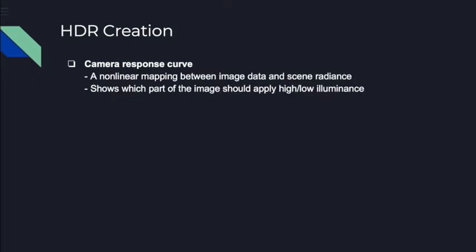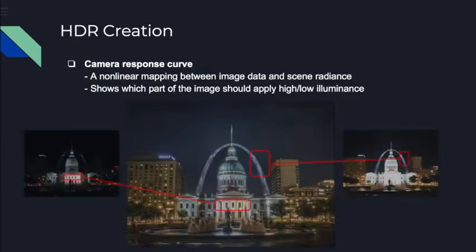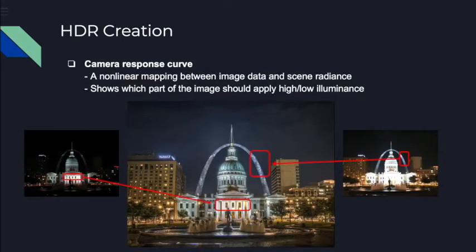There is a nonlinear mapping between image data and the scene's radiance, which we call the camera response curve. The camera response curve can show which part of the image should apply high or low illuminance. For example, we can calculate the camera response curve with multiple images of different exposures to recover the scene's radiance, and the HDR image can be obtained.